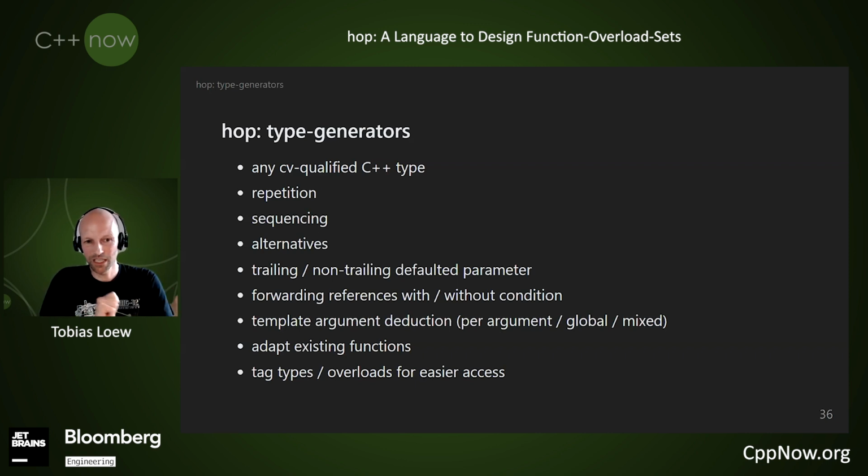We want trailing, non-trailing, defaulted parameters, forwarding references with or without a condition, template argument deduction. Also, we would like to adapt existing functions. And finally, it would be nice if we could tag our types to select types and overloads later on more easily.